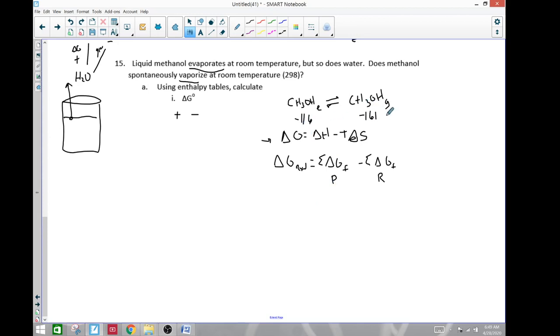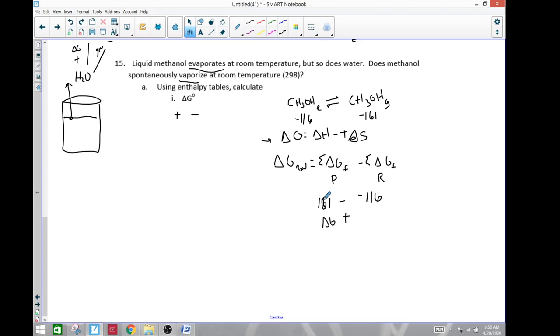All right, nothing to multiply by, so just products minus reactants, 161 minus a negative 116, and you'll see the difference is not a huge amount. Looks like about a positive delta G, was it a positive 16? Well, it's a 161, so I should read that correctly.